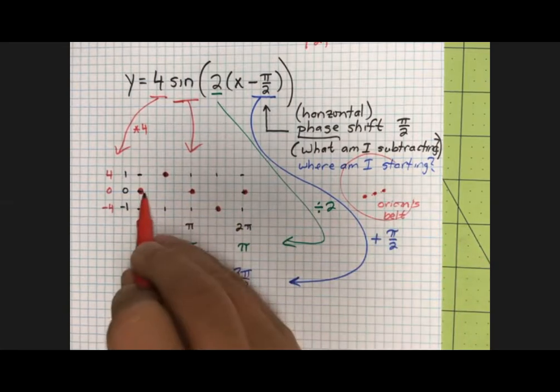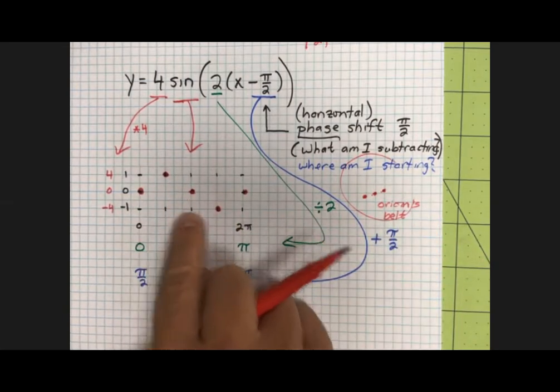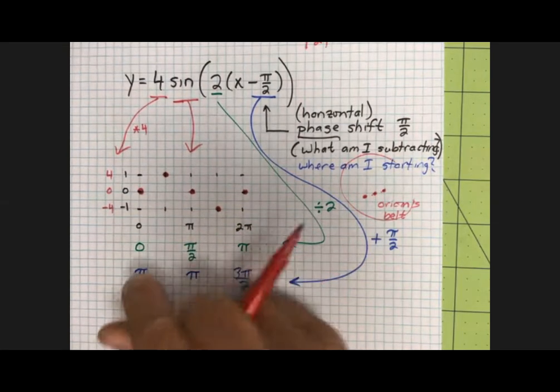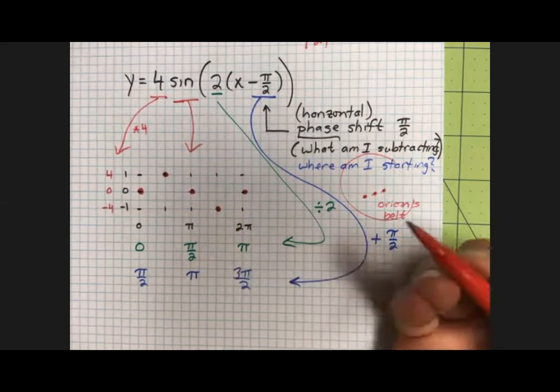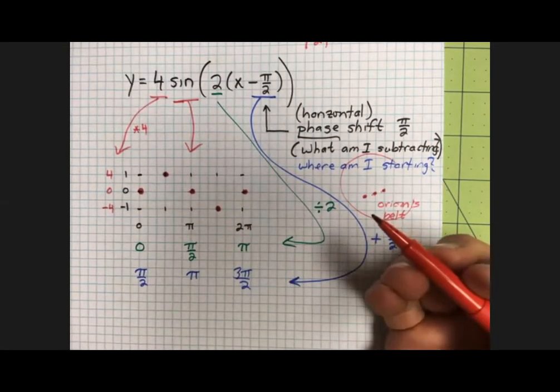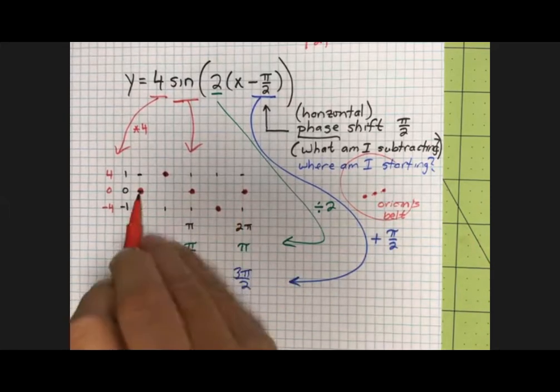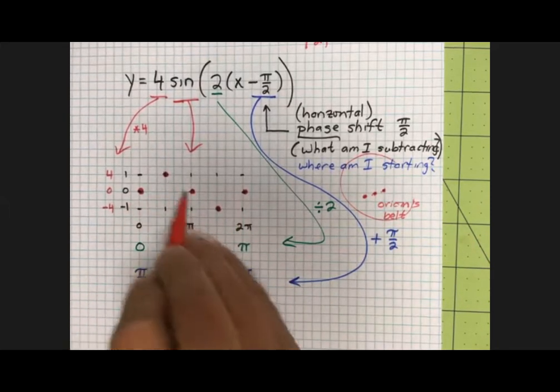I want you to learn these stars. I want you to learn the stars of the sine or the cosine. I want you to learn the stars of the tangent and cotangent and secant, cosecant. And what are the stars of sine? Middle, middle, middle high, middle low.